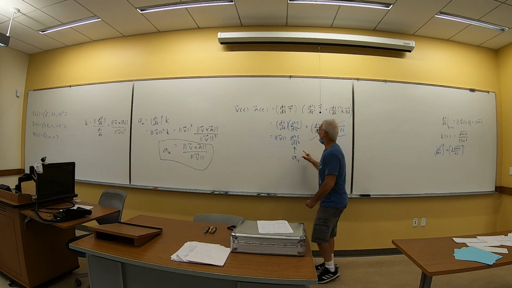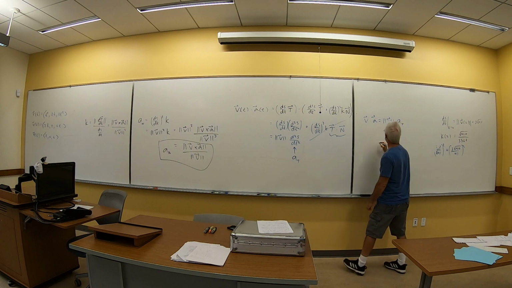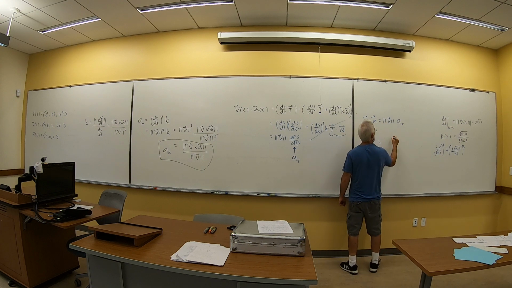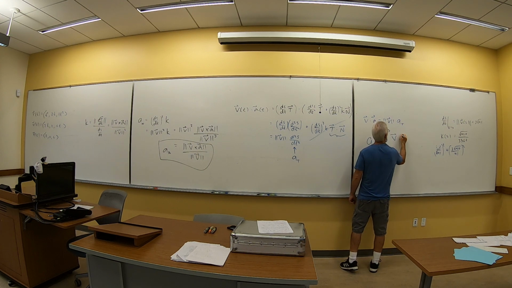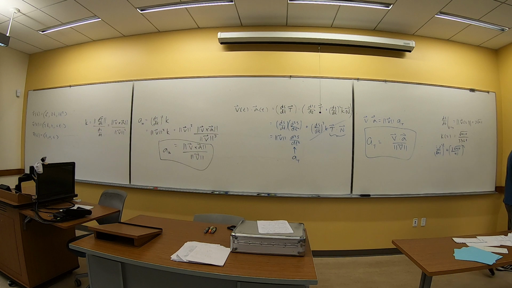What does this say right here? Right here, this says that V dotted with A is equal to the magnitude of V times A_T. So what's A_T? It's just this, which in every problem you will look at the rest of your life will be really, really easy. That will never be hard.